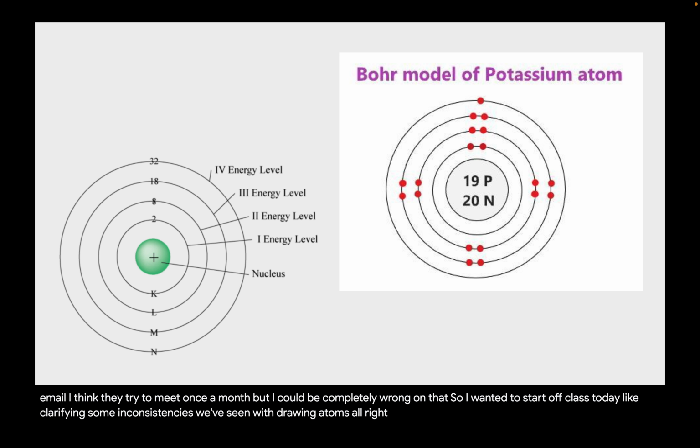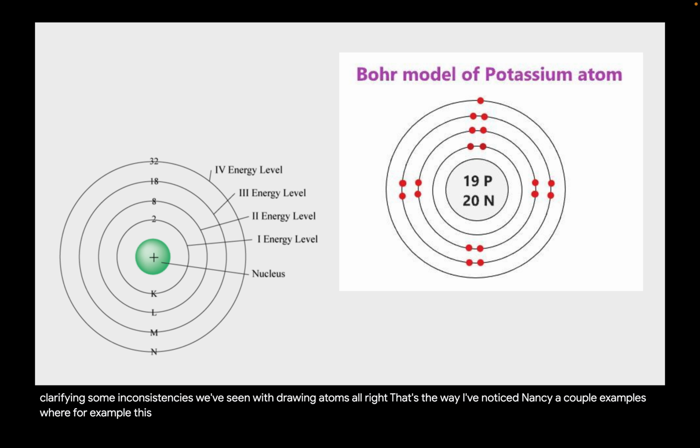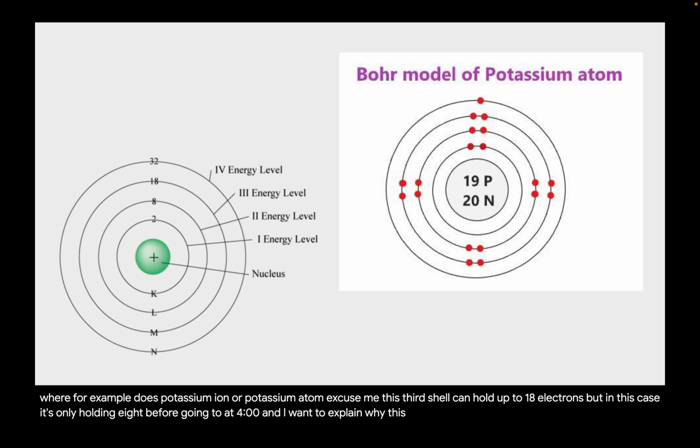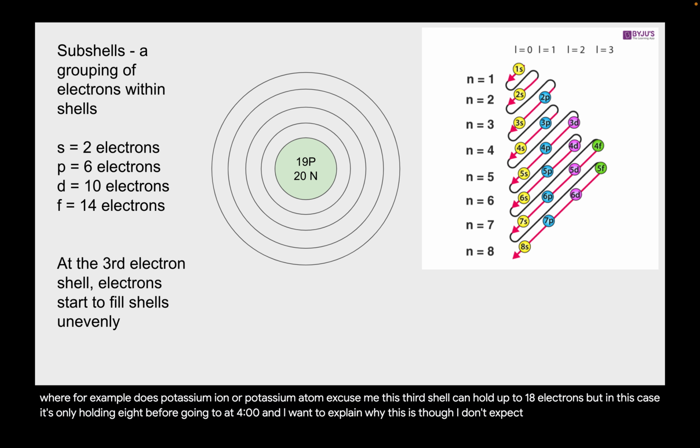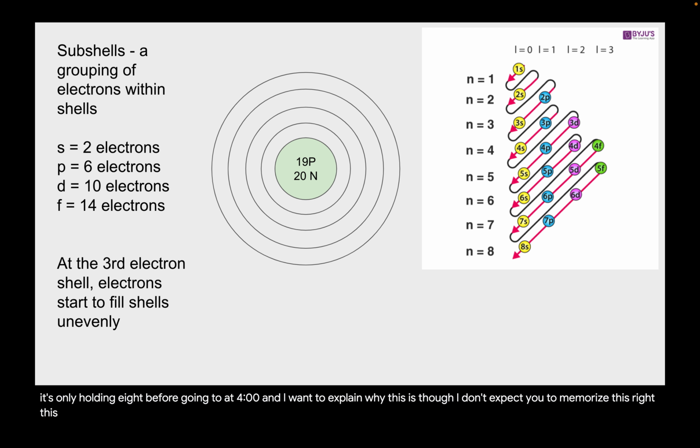So as you might have noticed, we have seen a couple examples where, for example, this potassium atom, this third shell can hold up to 18 electrons, but in this case, it's only holding 8 before going to that fourth shell. Right? And I wanted to explain why this is, though I don't expect you to memorize this. This is more like chemistry class stuff, but I just wanted to throw it out there so you understand why it is you're seeing it in this arrangement.